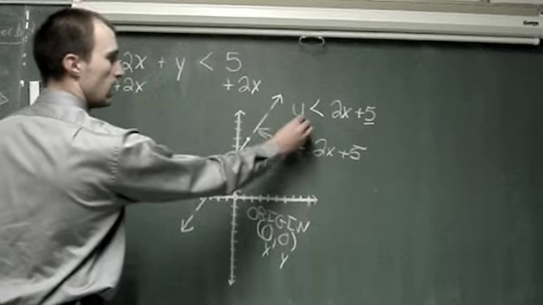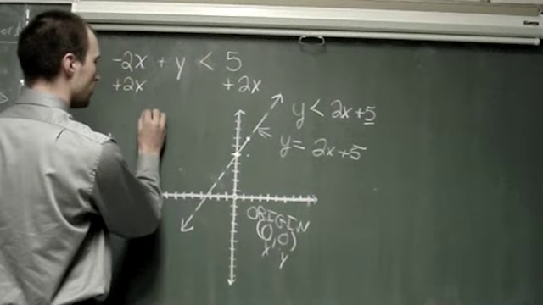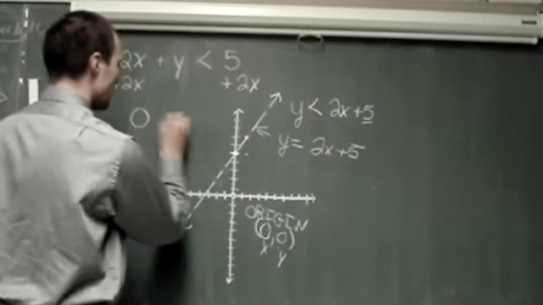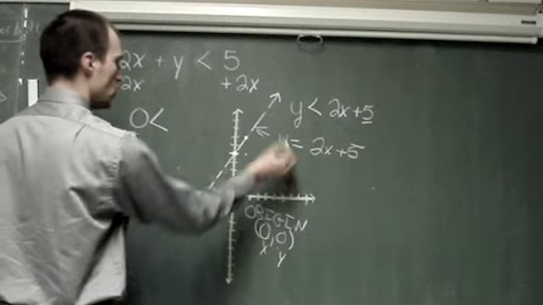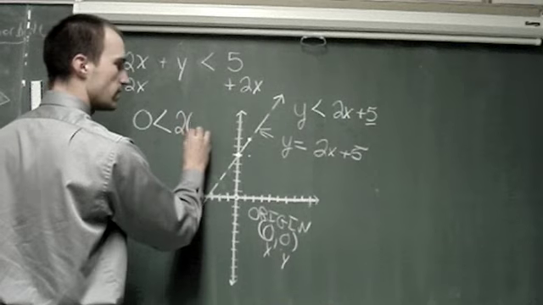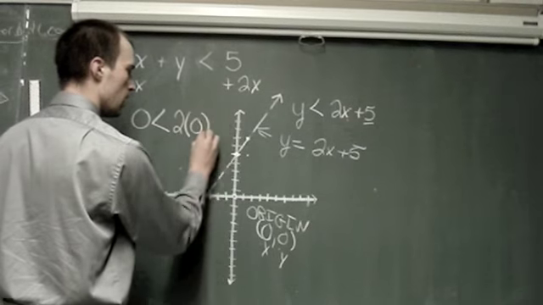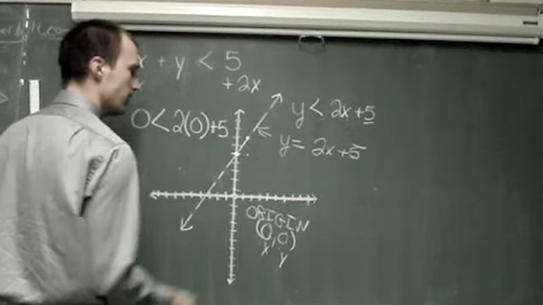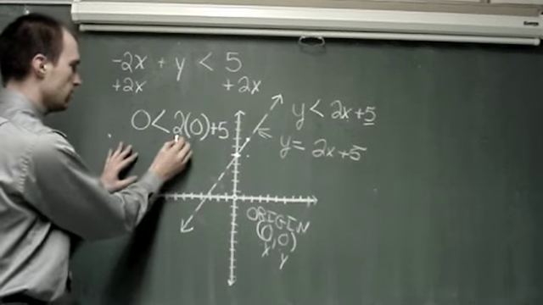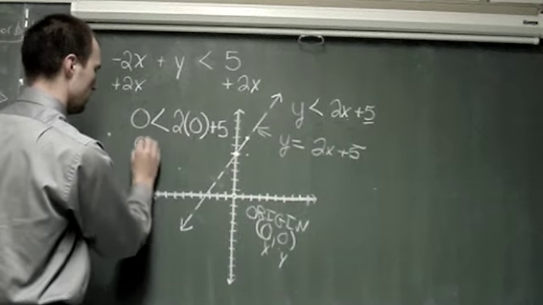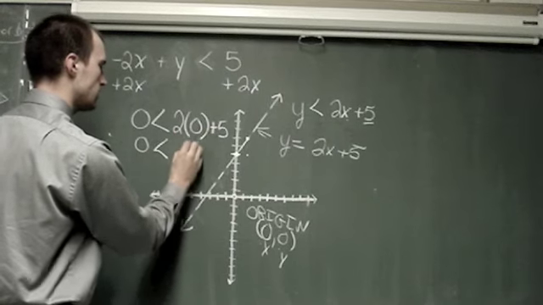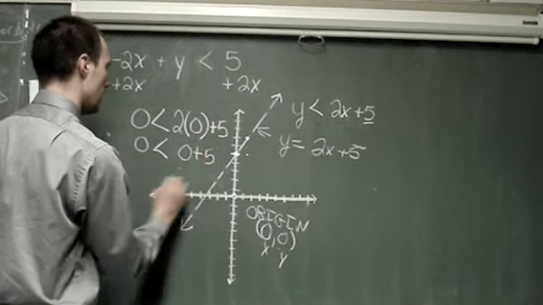So, testing. For my y value, I have 0 is less than 2 times the quantity of x, which I'm testing at 0, plus 5. If we look here, 2 times 0 is 0, plus 5.